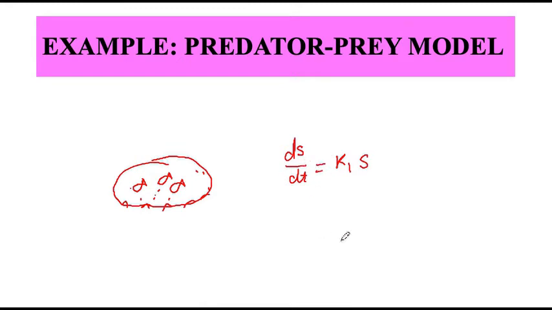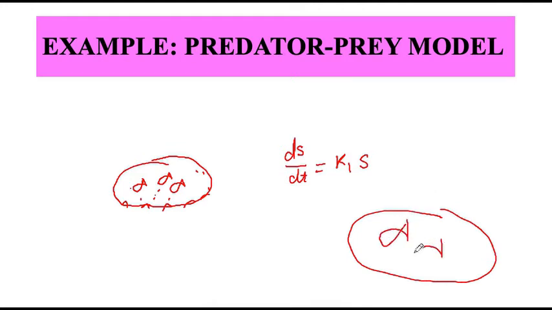So let us see another pond here, where there are bigger fish. But these fish do not feed on vegetation, they feed on smaller fish.